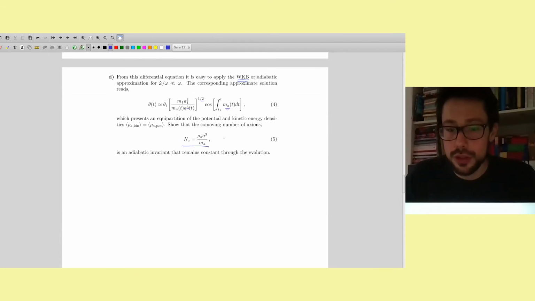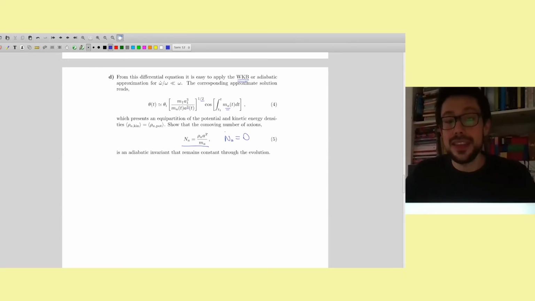So we want to show that N_a dot equals 0. It is called the co-moving number of axions because you take the energy density of the axions and multiply it by the scale factor, so the density times the volume gives you the total energy.